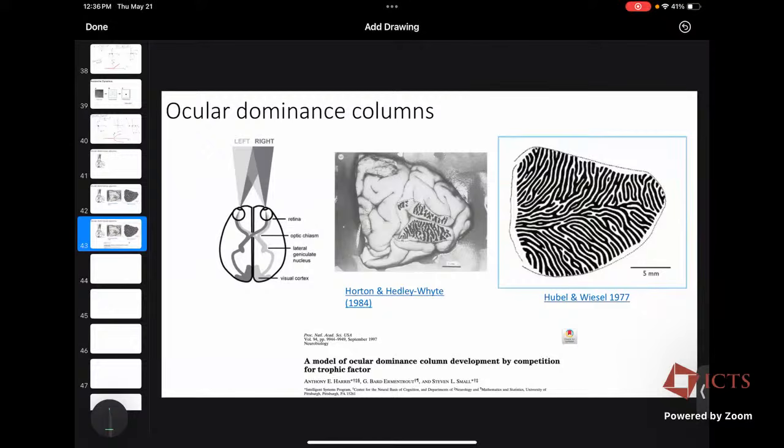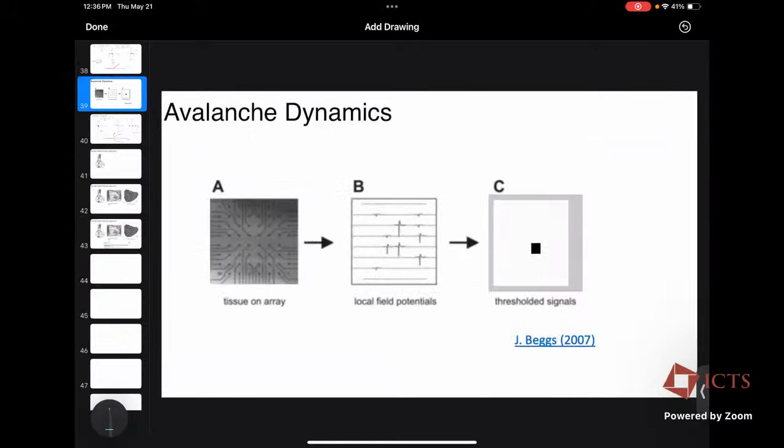Oh, neuronal avalanches. You can see neuronal avalanches in regions of the cortex as well. To be fair, this particular experiment was done on cortical tissue that was grown on an array. So this is not inside the brain, but where you grow neuronal tissue outside of the brain. But you can see avalanches and avalanche-like dynamics in cortex.